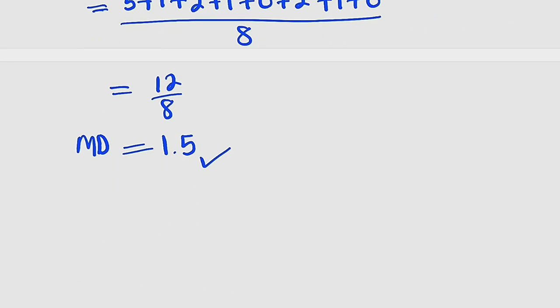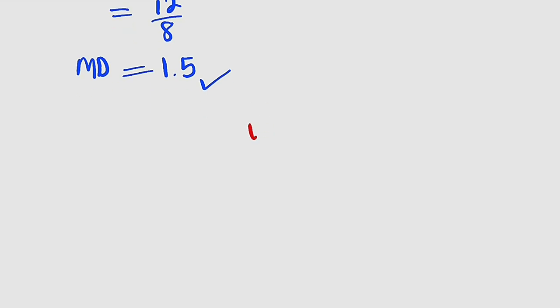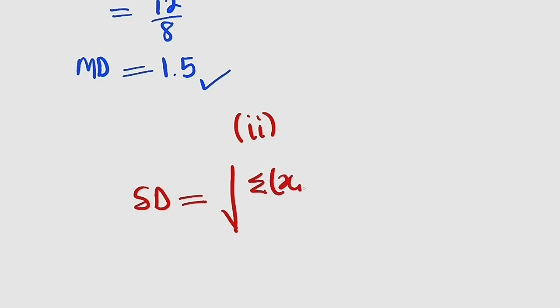Then we need to compute for standard deviation. Standard deviation is equal to the square root of summation of xi's minus x bar whole squared divided by n. Already we have computed for xi's minus x bar. All we have to do is to square them.